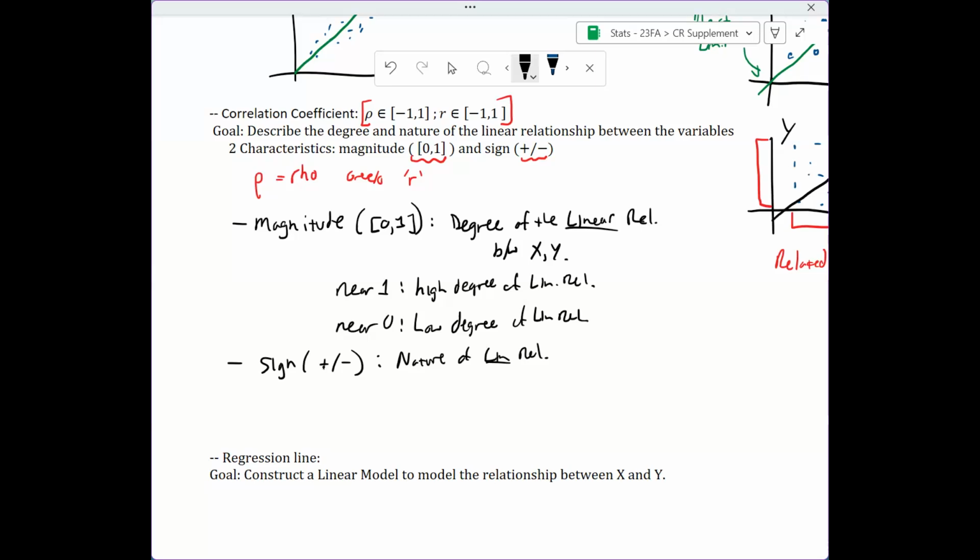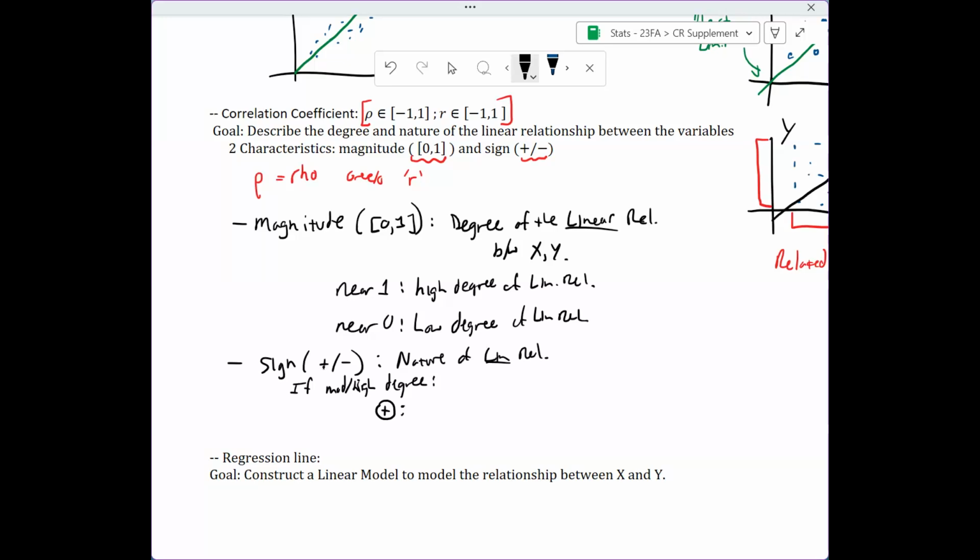So if, say, a moderate or high degree of relationship, then a positive sign on that correlation coefficient, being, say, near +1, not near -1, but near +1, indicates a relationship in the positive direction, which isn't super helpful.